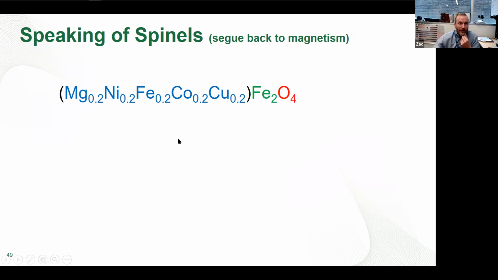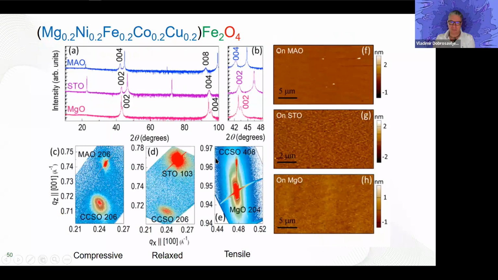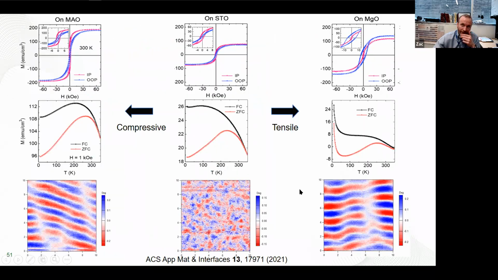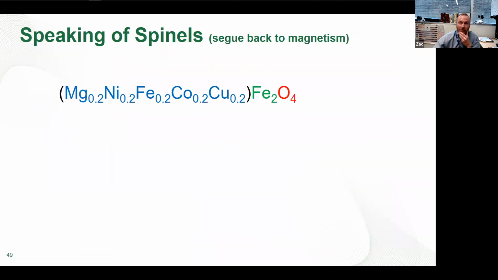Yeah, the spinel is a very interesting system, and we've been working on it also because we had similar questions. This was the first one we did, where we just put extra iron into this one. It shows really interesting behaviors, especially with magnetic texturing. We haven't published this yet, but we've also done it with equiatomic compositions.